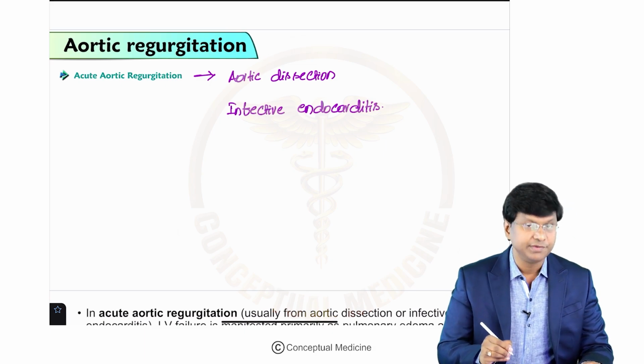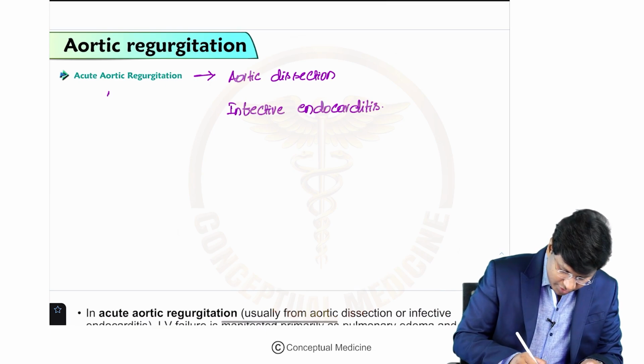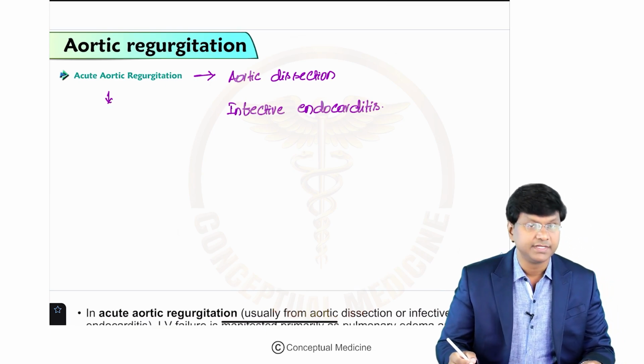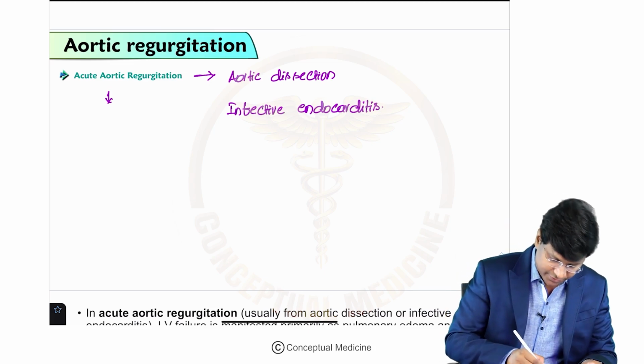So these are the two important etiologies which will cause acute aortic regurgitation. And what will be the clinical presentation of acute aortic regurgitation? The clinical presentation will be in the form of LV failure.